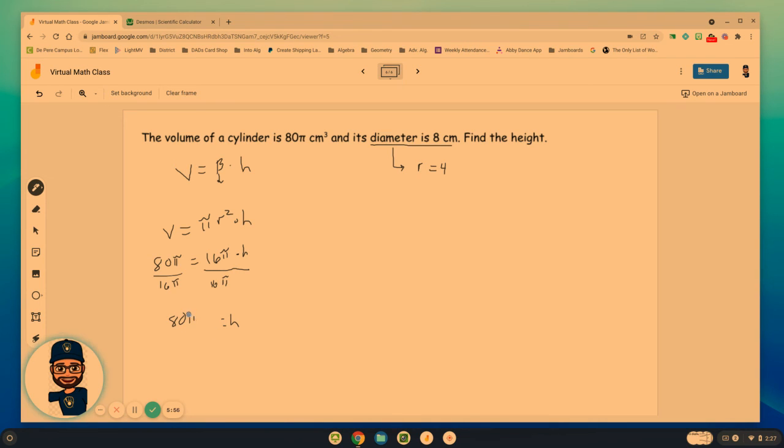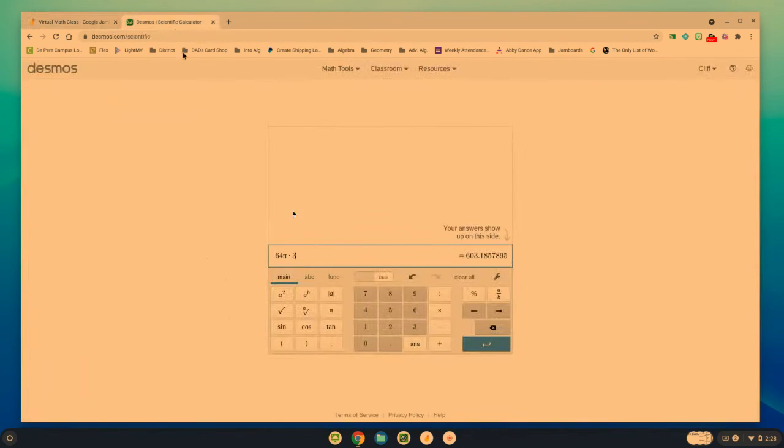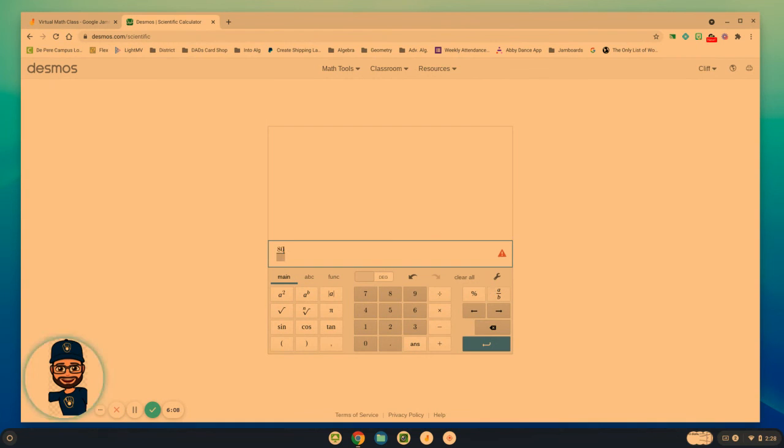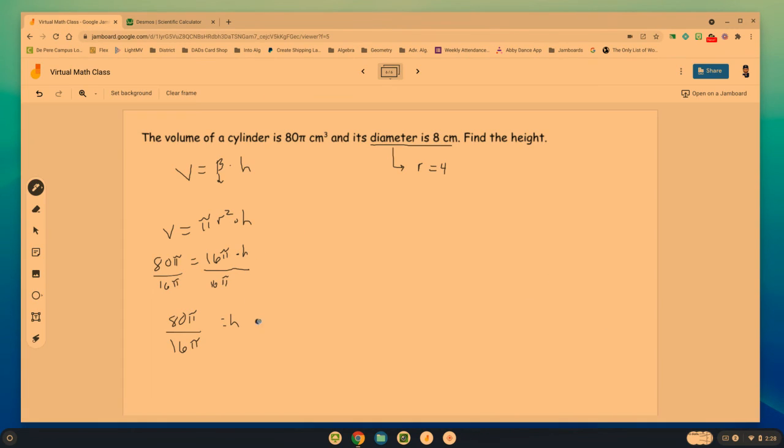We're going to go back to Desmos and type that in as a fraction to see what we get. 80 pi divided by 16 pi. So I want a fraction. 80 pi divided by 16 pi is 5. Our height will be 5.